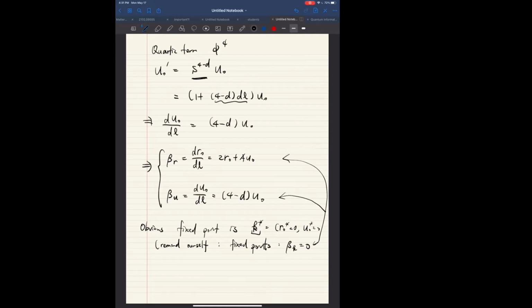To study this, we just expand near the fixed point. So define R0 near the fixed point by a small deviation, same as U0. Then you use the chain rule for your coupling constant, taking the derivative of the beta function with respect to R0.